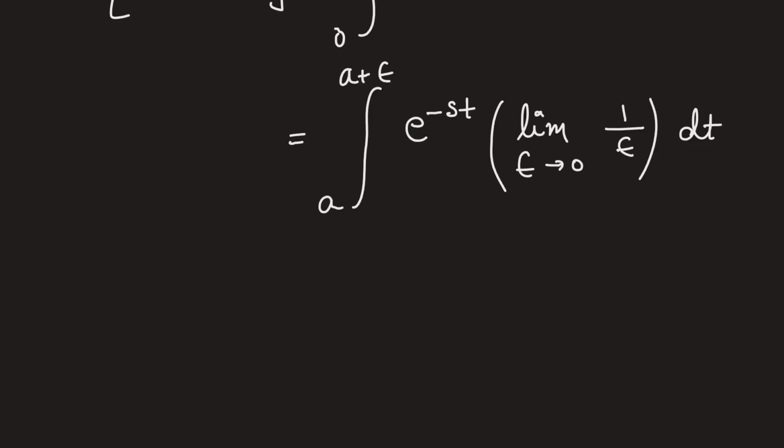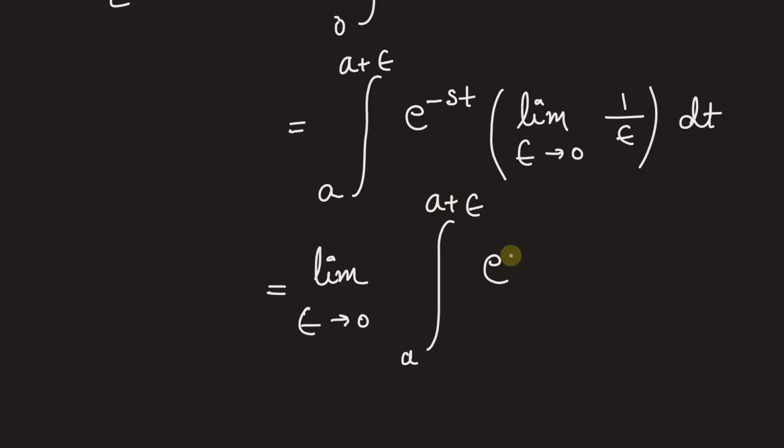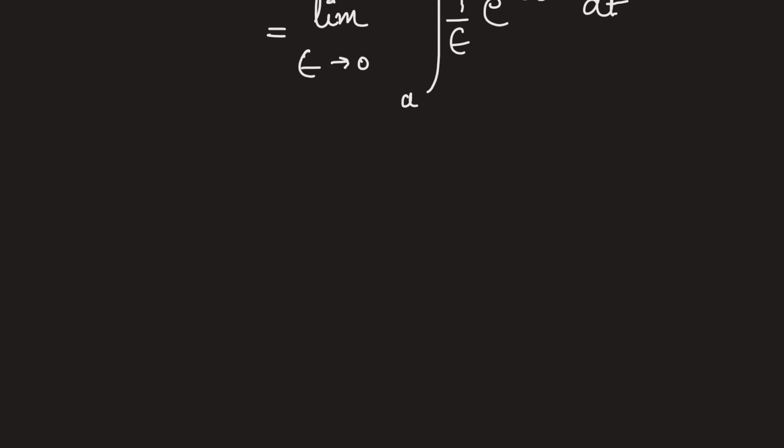Now let's integrate this function. Since this whole function is continuous, we can take the limit outside. So we can write limit epsilon tends to 0, integral from a to a plus epsilon of e to the power of minus st, and 1 upon epsilon, dt. Again, 1 upon epsilon is a constant value, so we can take it out of the integral.